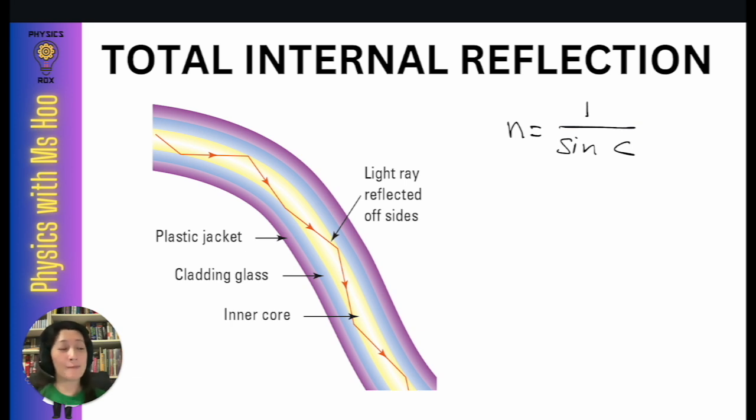If you're critical at math, you should be able to see this straight away. If the material has a high optical density, because this is an inverse, you'll find that the critical angle becomes quite low. So a lower critical angle means that it's easier for total internal reflection to occur.